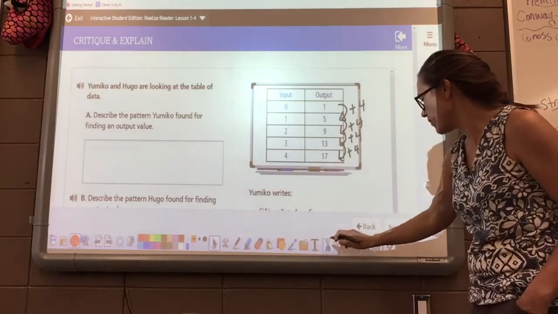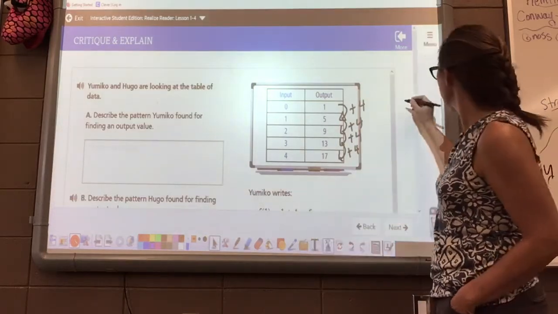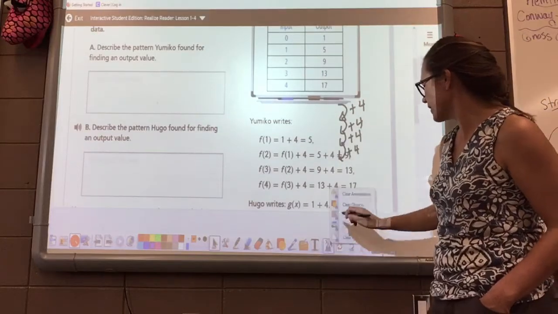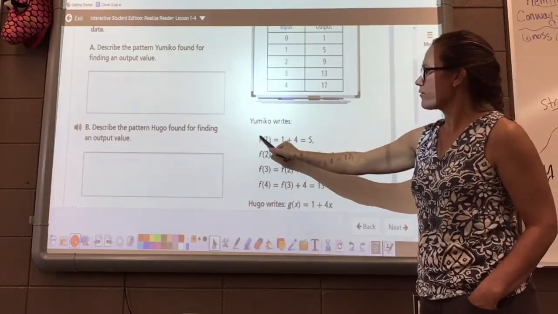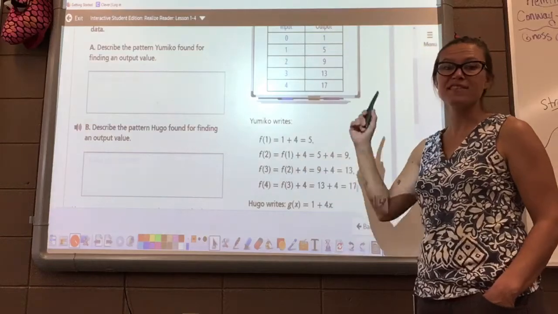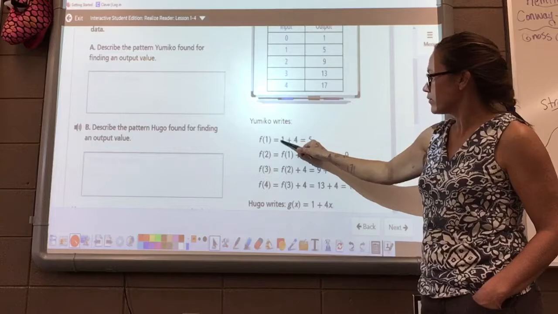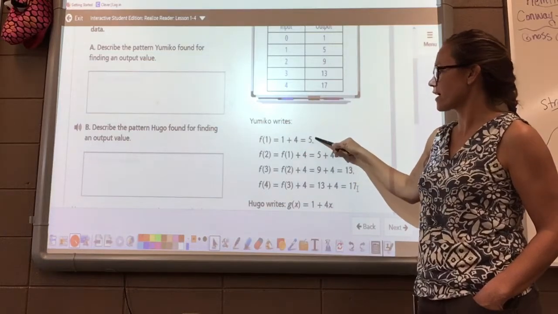I have to lose my beautiful arrows a little bit as I scroll down. But she found this pattern where, and remember that this is function notation, for the first term, she took 1 plus 4 and got 5.